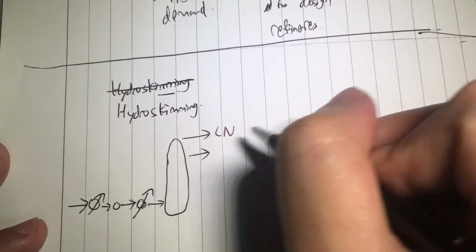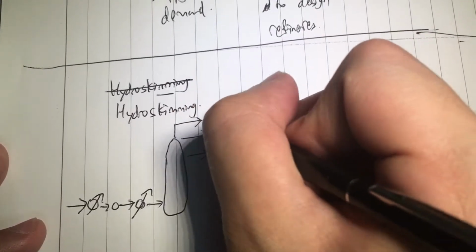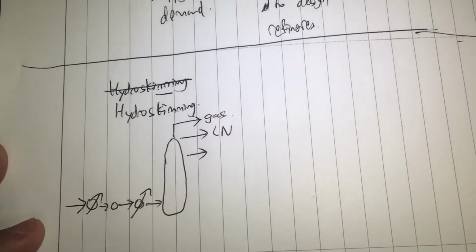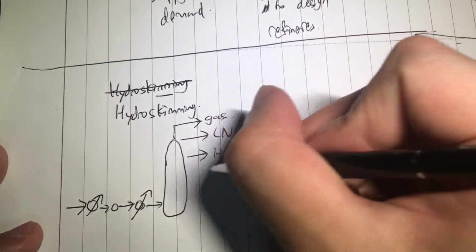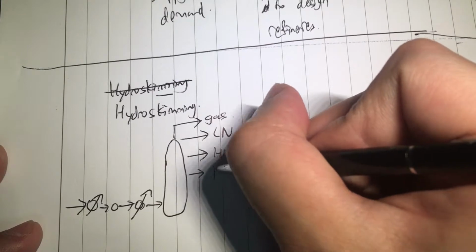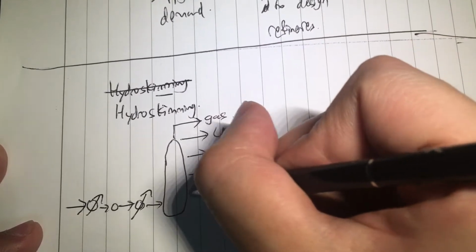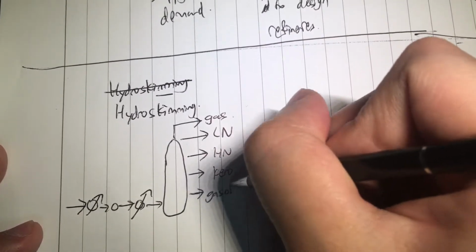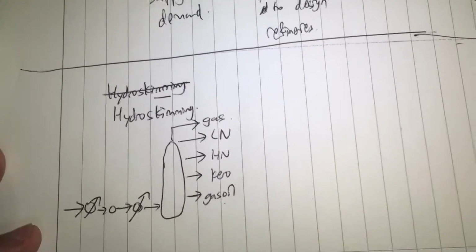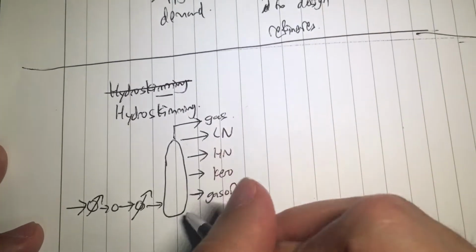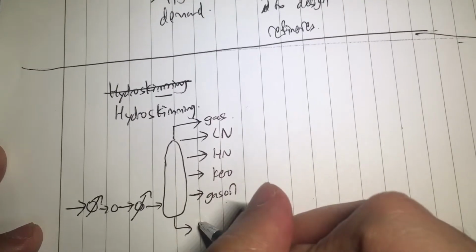You have your light naphtha, gas. I'm just going to simplify the separation process here. Heavy naphtha, kerosene, gas oil. When I say gas oil here, it is the light gas oil, which is the diesel cut. And then you will have long residue.